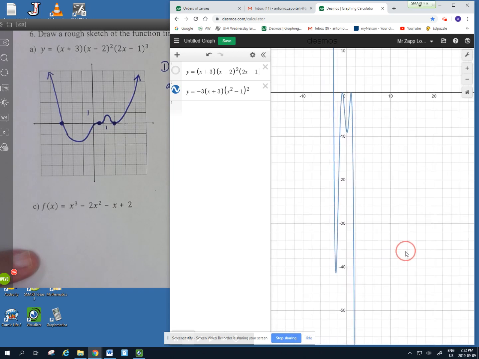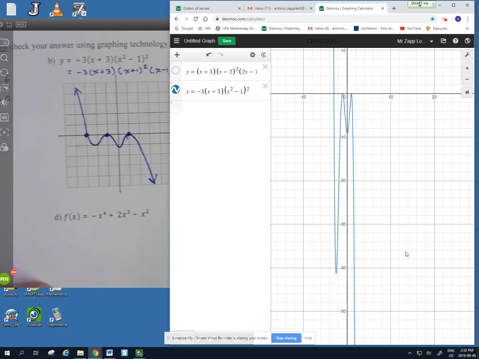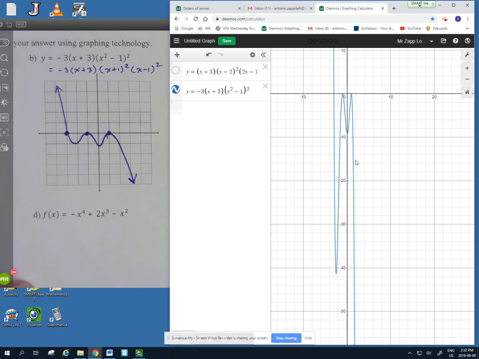So again, if we compare, clearly we don't have the information as to where these local maxes and minimums are going to occur and how far down they go, but this is something to come later on. Okay, that's it for this one.